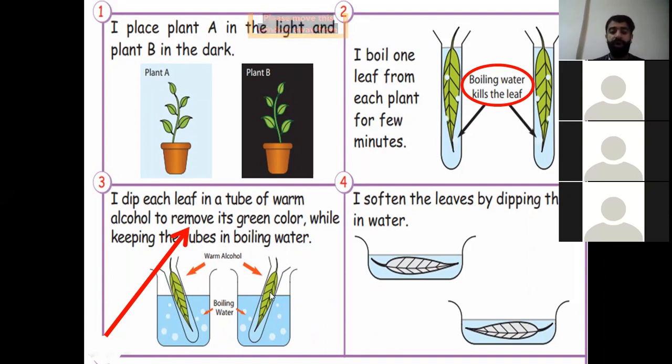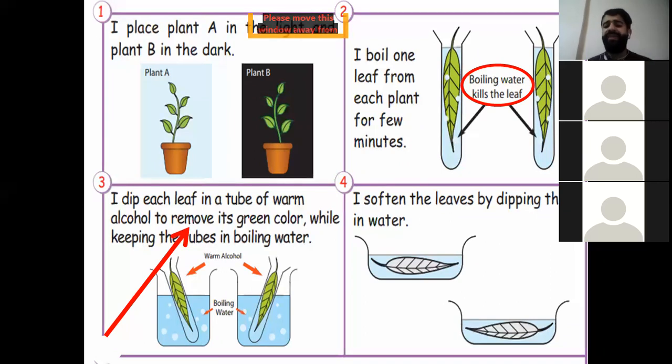So we put them in boiling water and we put them in tubes of warm alcohol. Why? To get rid of the green color. So here we have two hints. First one, boiling water kills the leaf. And the second one, the green color is removed by the usage of boiling alcohol or warm alcohol.